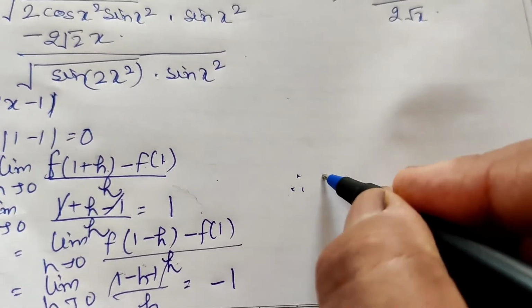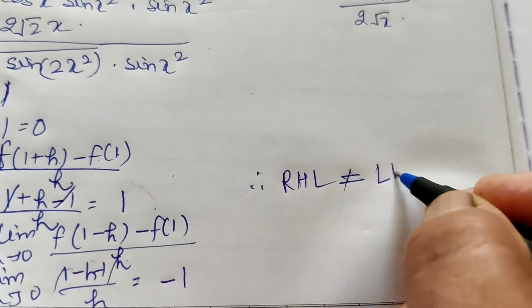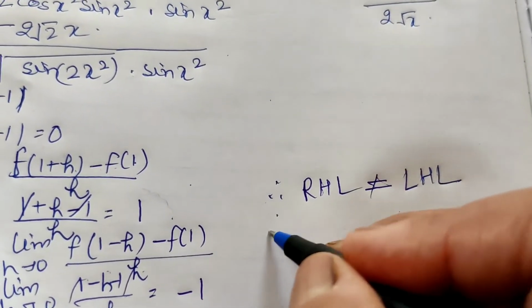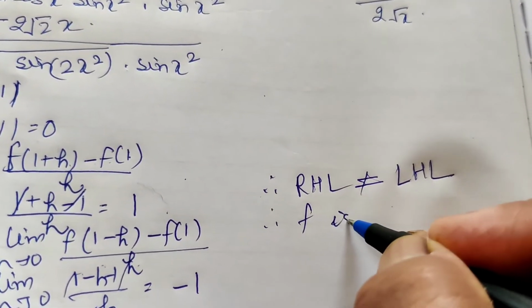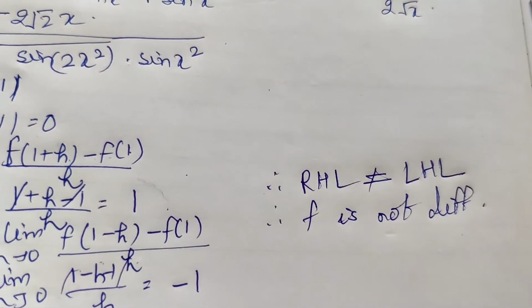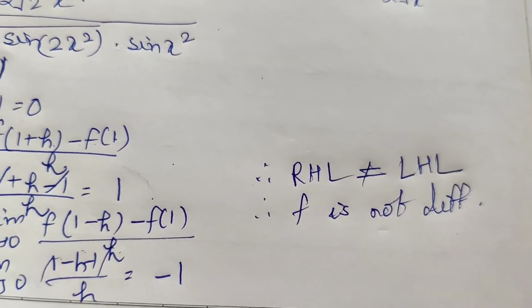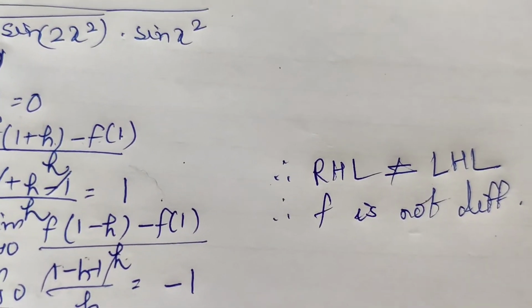Therefore, right hand limit is not equal to left hand limit. Therefore, the function is not differentiable. If the limits are equal, then it is differentiable.